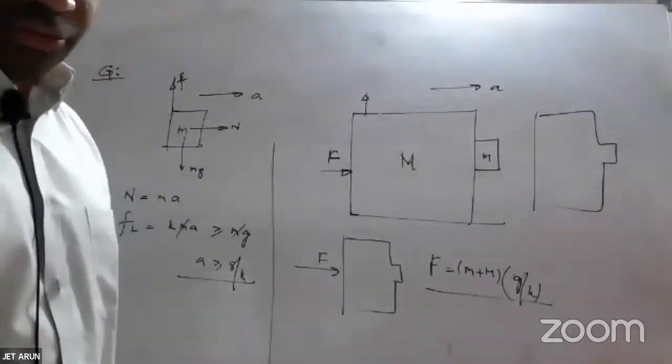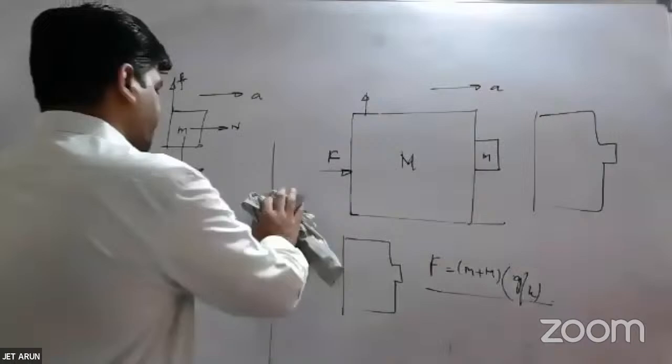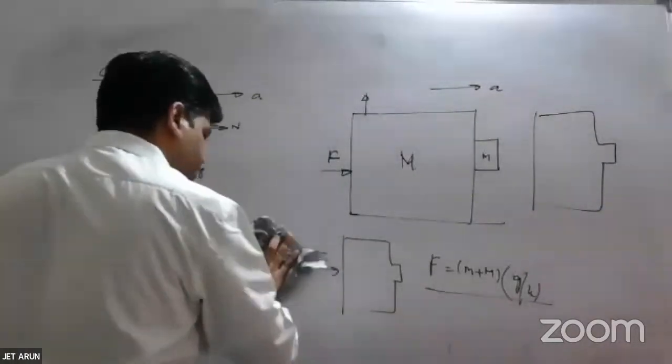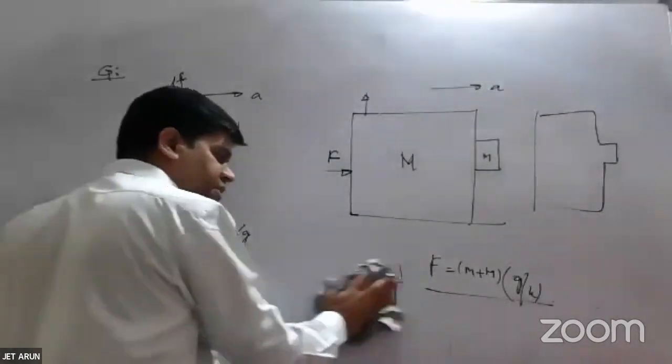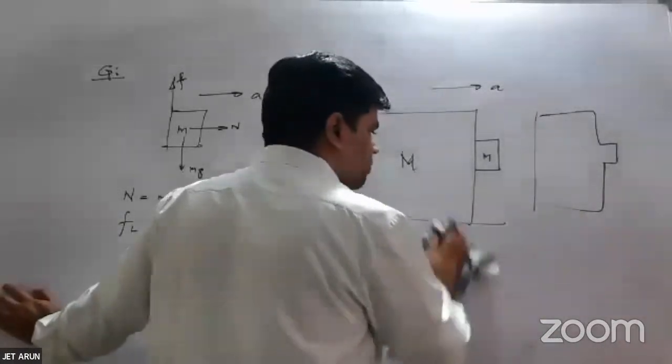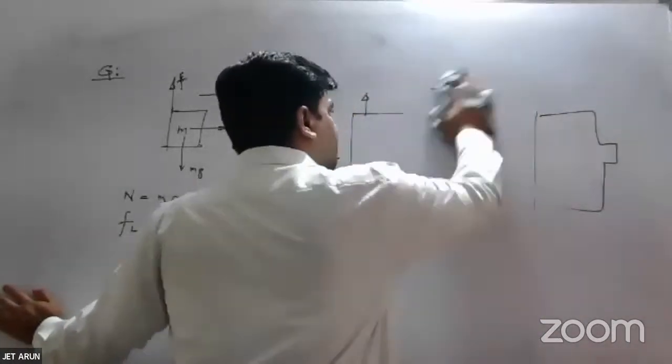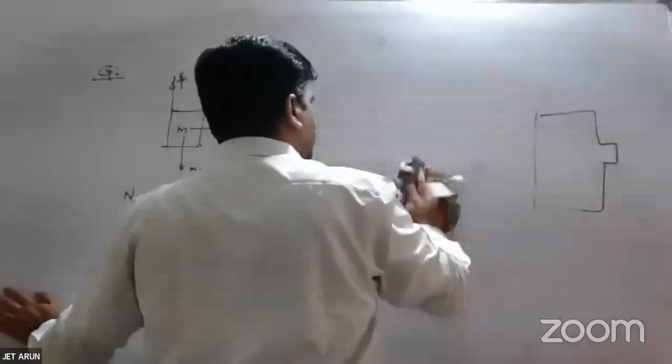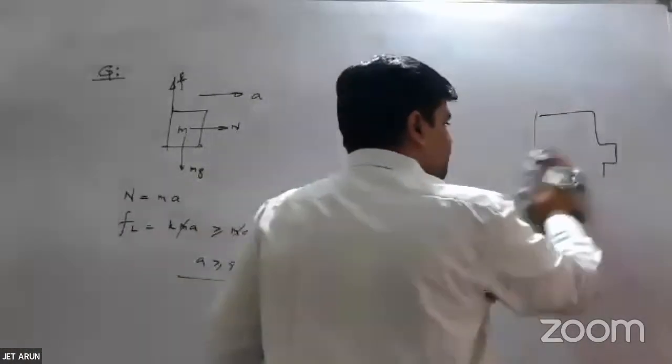In this question, what is happening, students? He says there's a force of 20 Newton applied perpendicular to the wall, and yet another force of 10 Newton applied parallel to the wall. I have to determine whether the block will move or not, and if it moves, in which direction.